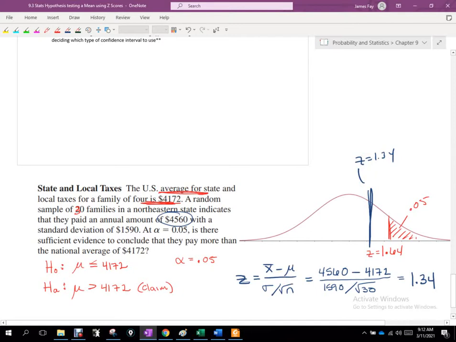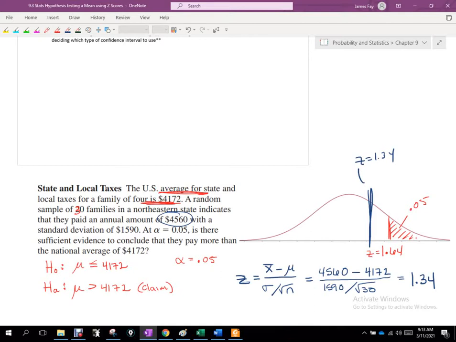So because it falls in the non-critical region, we would say we fail to reject the null hypothesis. When you land in the white area, you fail to reject. Which tells us, data-wise, from our sample, even though our sample mean of 45.60 was different than what our population mean was hypothesized as, that was not different enough to say that the mean of the population is not 41.72.